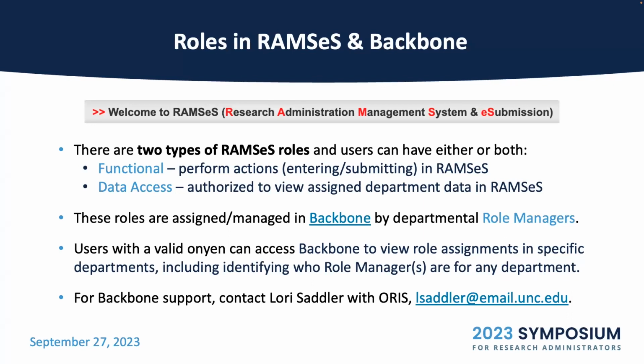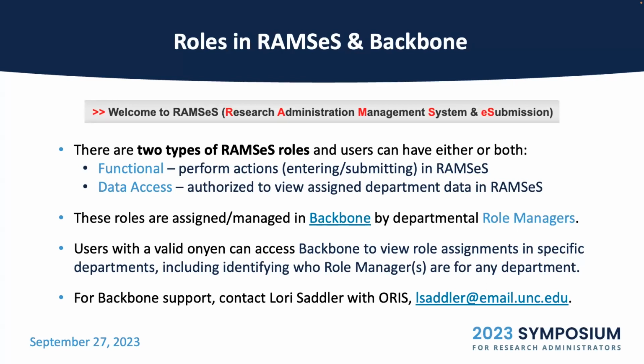The roles are assigned and managed in Backbone by the department role managers. So if you find that you don't have the appropriate access or that you need access, you need to work with your role manager to get that access. Users with a valid onion can access Backbone to view the role assignments in their specific departments, and it also identifies who your role managers are.